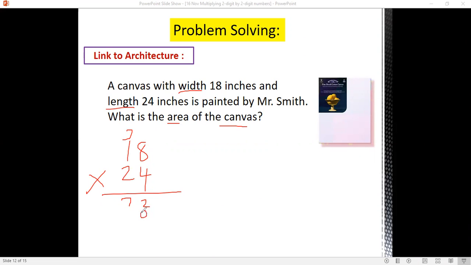Let's add 0 here. Then 8 times 2 is 16, carry 1. 1 times 2 is 2, plus 1 is 3. Then we will add 2, 13, carry 1, 4. Therefore, the area of the canvas is 432 inches square.